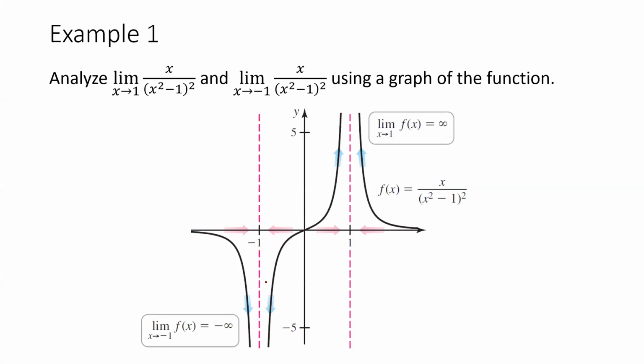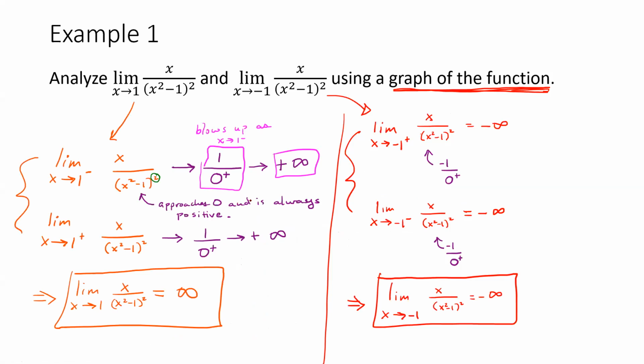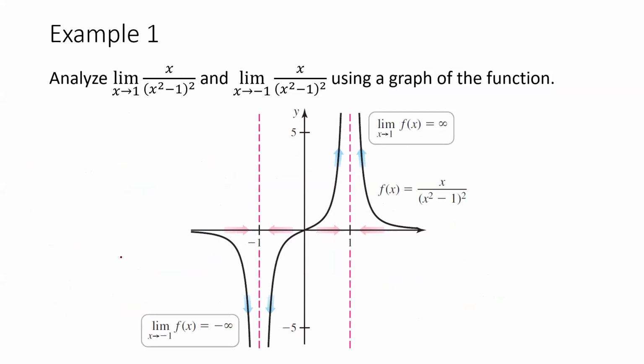If you were confused with what I just did, it's because I was getting a little bit ahead of myself. We were going to do something simpler first, but here the instructions were to use a graph of the function. But you can get a preview of how we're going to do this in general.